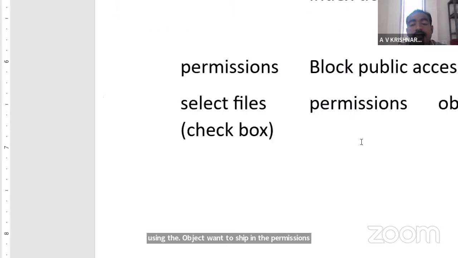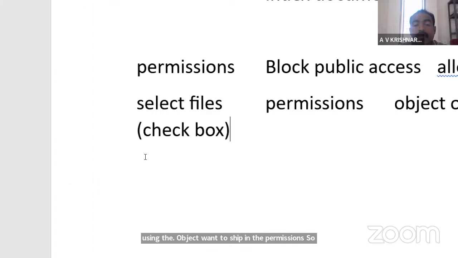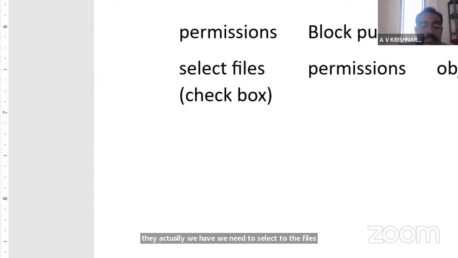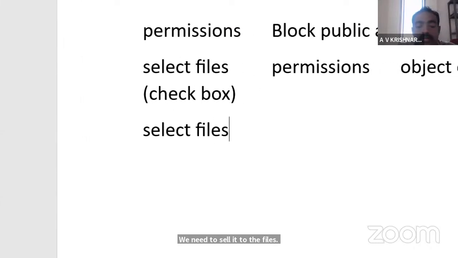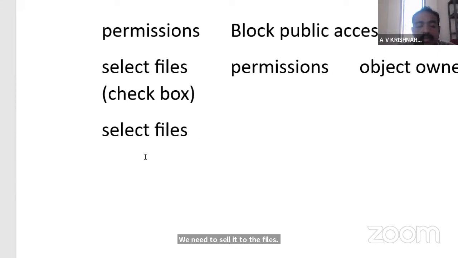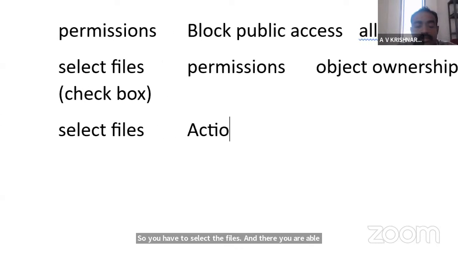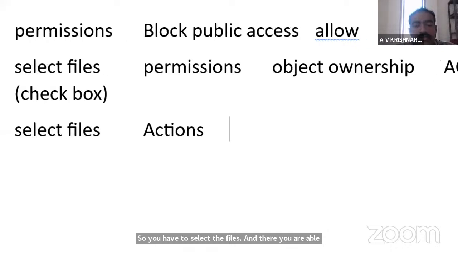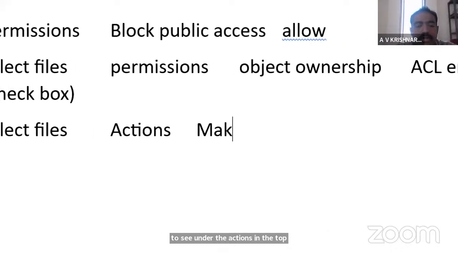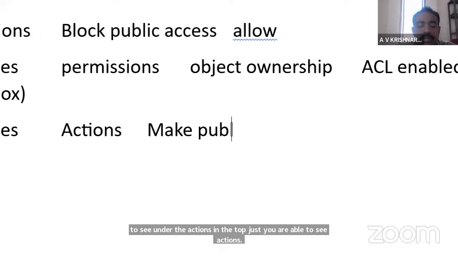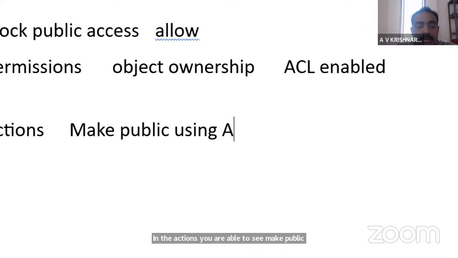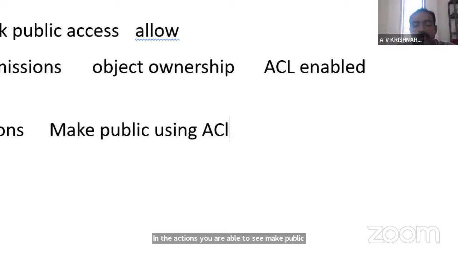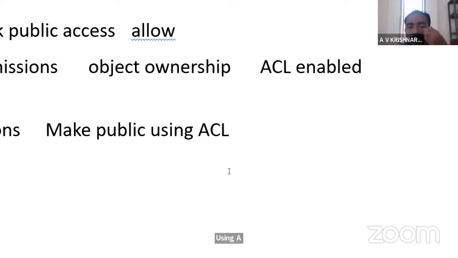There actually we need to select the files. You have to select the files, and there you are able to see actions at the top. In the actions you are able to see make public using ACL. By default this is not enabled.